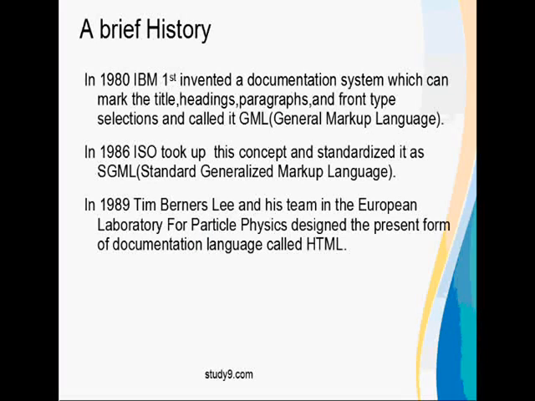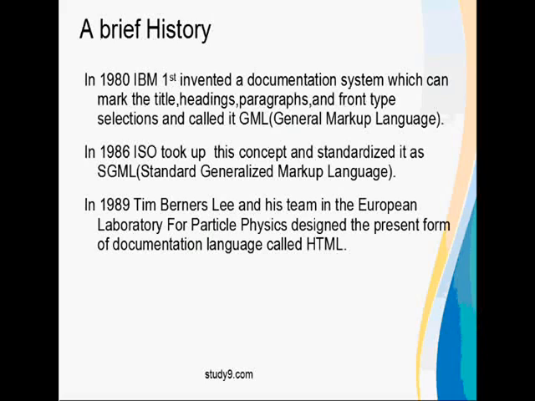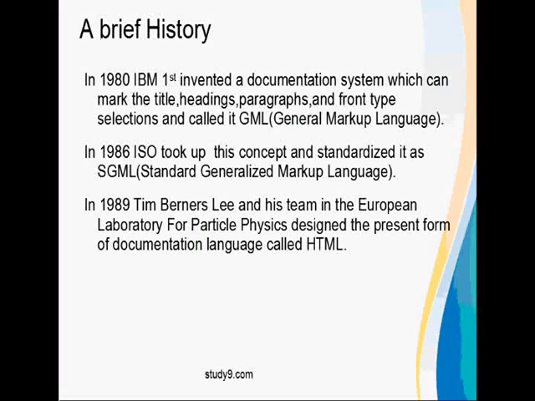Here I have presented a brief history about HTML, how it was developed. As you can see, IBM first developed a documentation system called GML. Later it was taken by the International Standardizing Organization or ISO, and GML was converted to HGML.